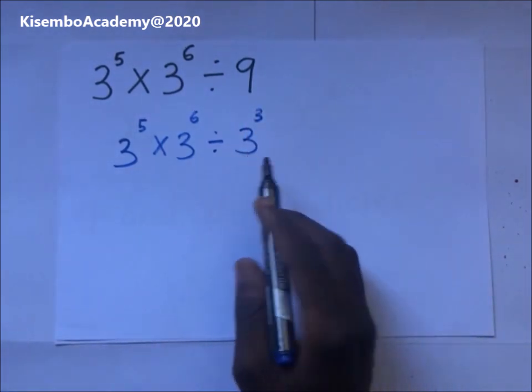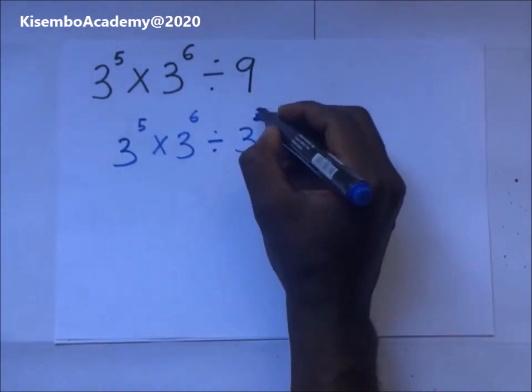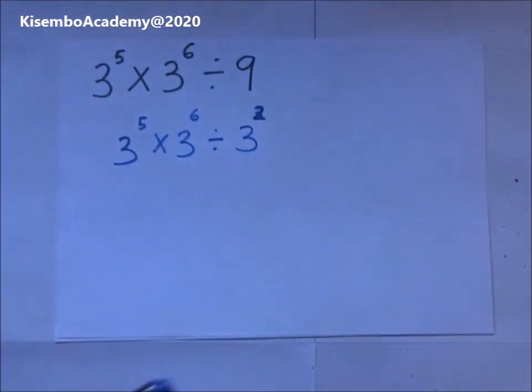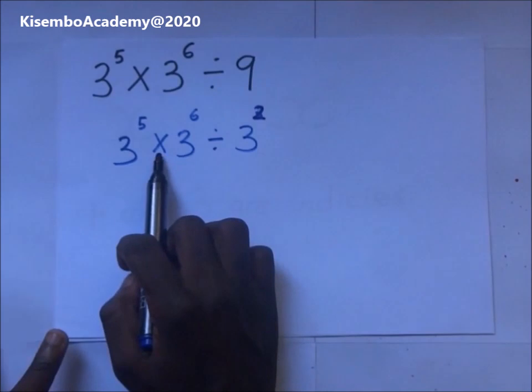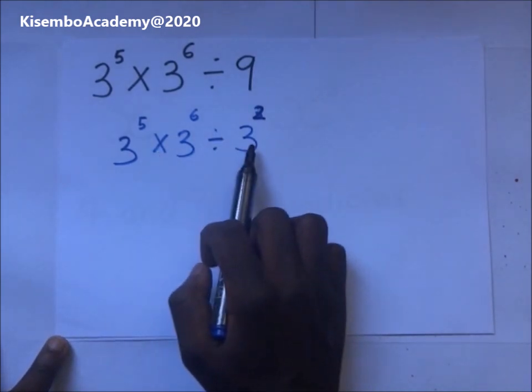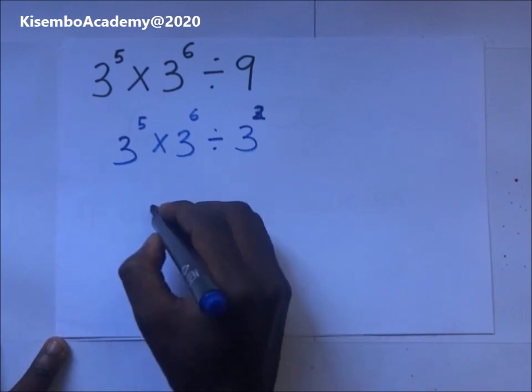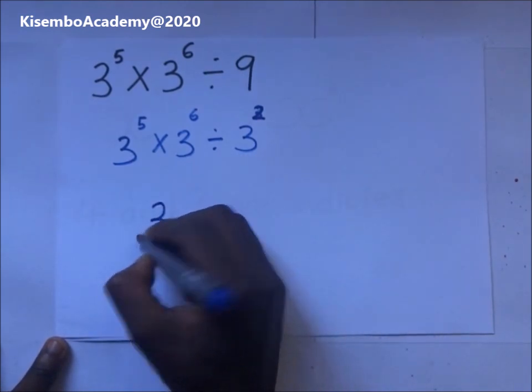Because 3 to the power 2 is 3 times 3, which is 9. So here it's multiplication, then here it's division. Since the base is the same, we are going to maintain the base.